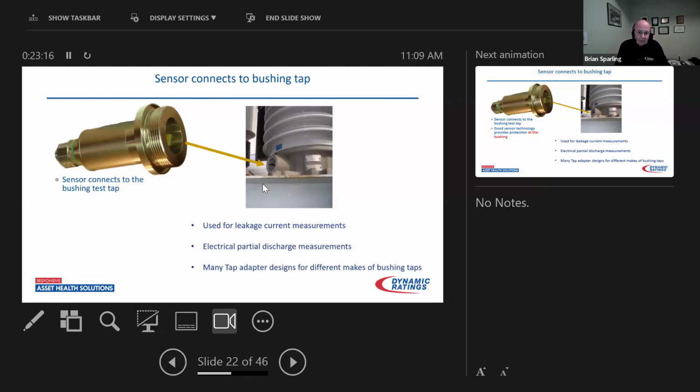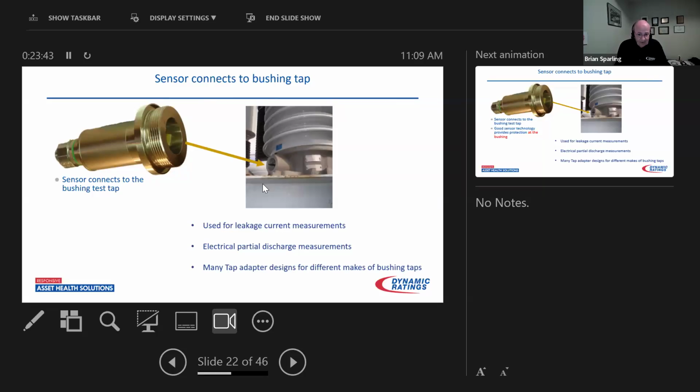That is an IEEE standard, and on IEEE type transformers and bushings, the dimensions of that tap are standardized. So at least we have that: regardless of who made the bushing to the IEEE standard, the sensor will be able to attach. It measures the C1 leakage current.